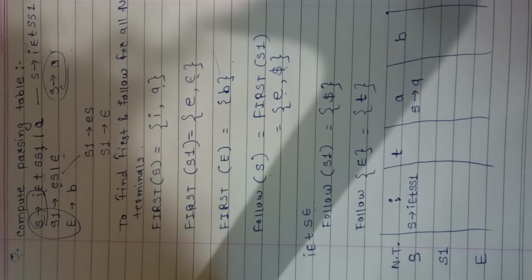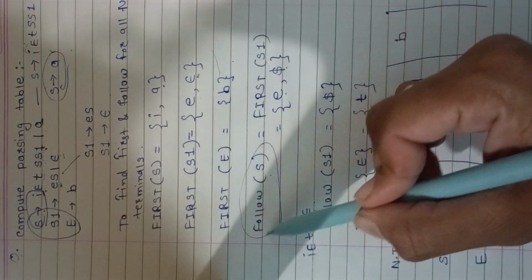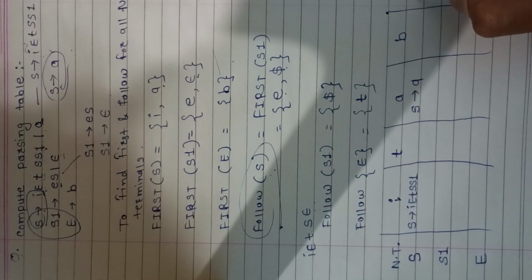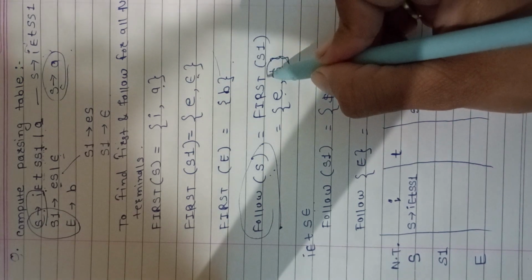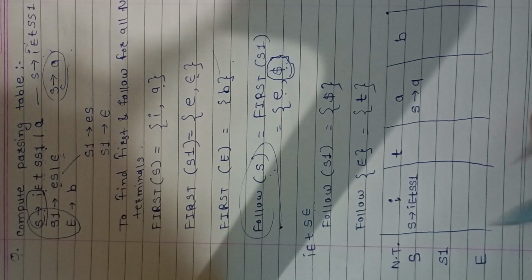And the last one is dollar. Here the follow of S is dollar. Then it is written as S tends to dollar, because in the follow of S we have to find the dollar symbol.